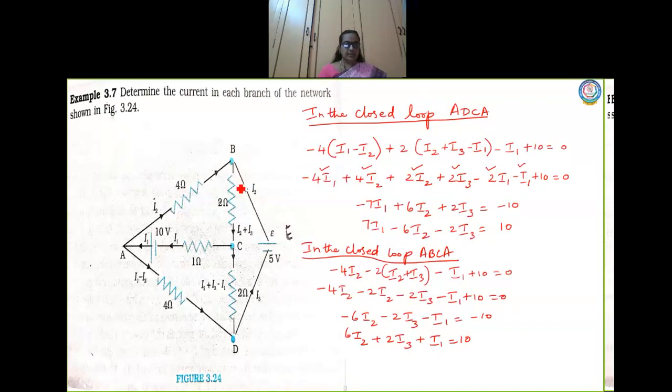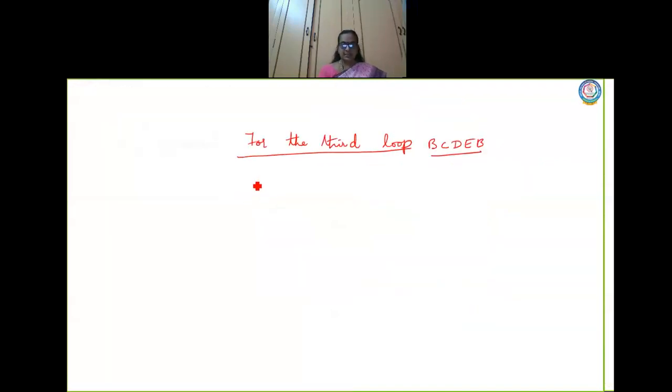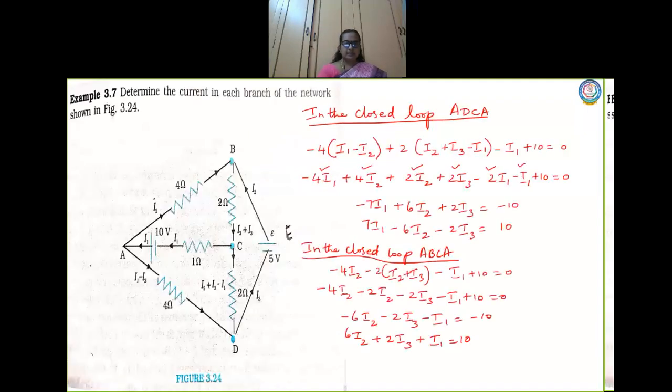Now again, the direction of current is the same as the assumed direction. So you have minus 2 into I2 plus I3, so I will write that: minus 2 I2 plus I3. Next, in this lead again the same direction. So once again minus 2 into the current in this lead, which is I2 plus I3 minus I1.